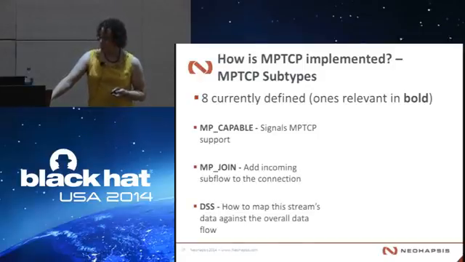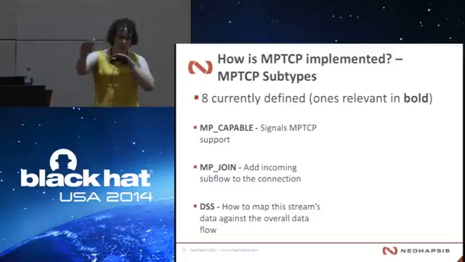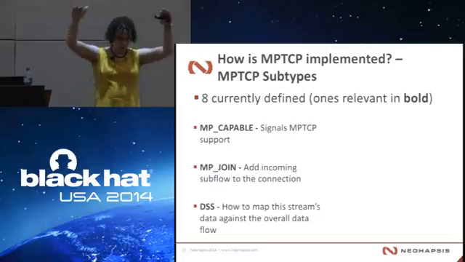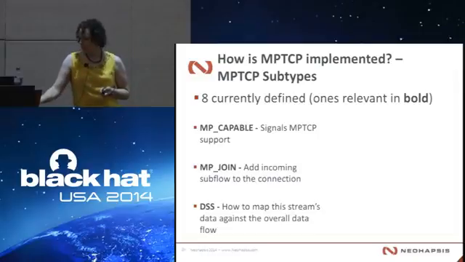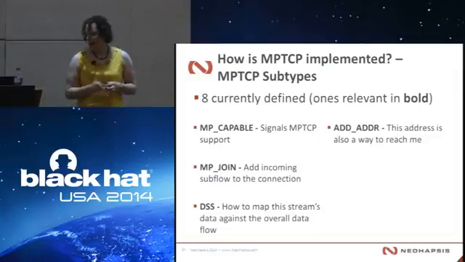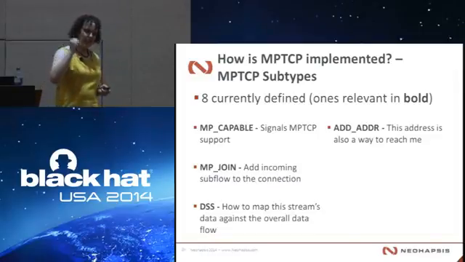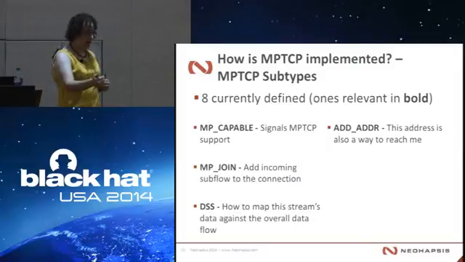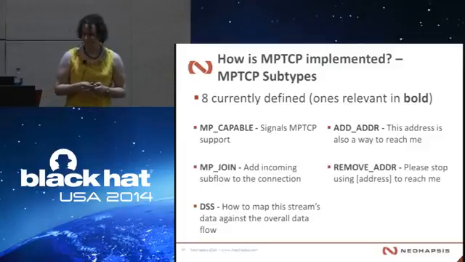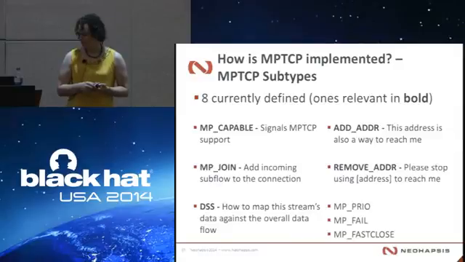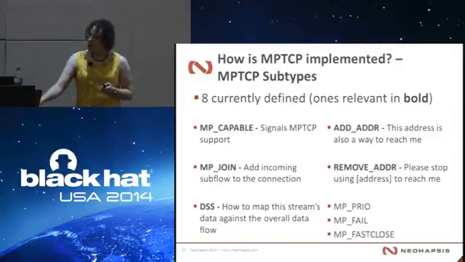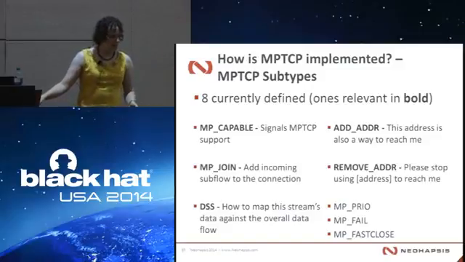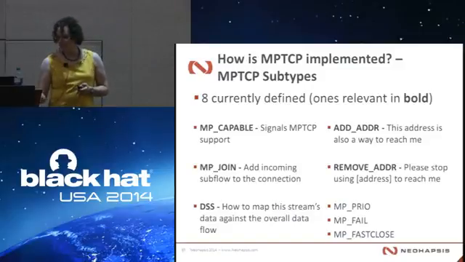DSS, data sequence signal, that maps each individual subflow's data against the overall connection data. Add address. I as a client or as a server can tell the other party, I have other addresses. Feel free to use them. Or stop using one I've already advertised. And there's a few others that we'll leave for now. But we're glossing over a lot of detail just to get to the interesting stuff.